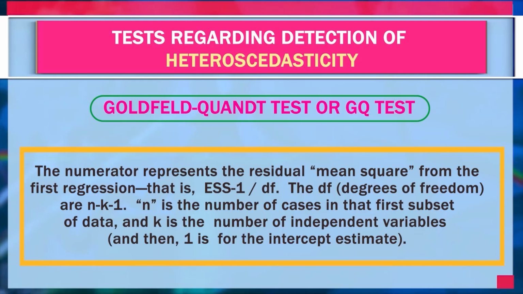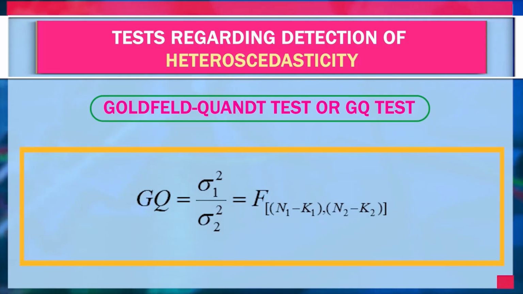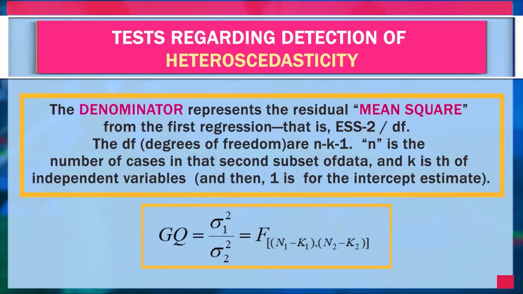Here we concentrate mainly on the first regression, which is done for the higher income groups, given by ESS 1 divided by the degrees of freedom. The degrees of freedom is the number of observations minus the number of estimators. So the first regression gives sigma square 1, which is in the numerator of the GQ coefficient.